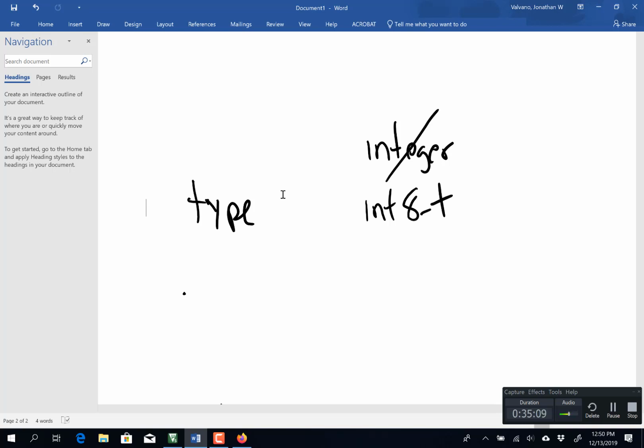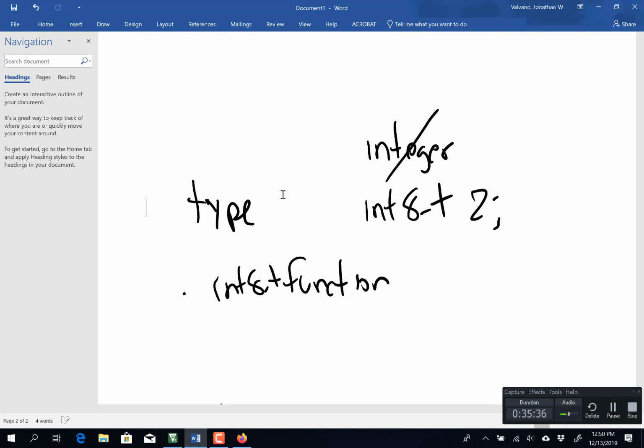What can you do with a type? Make variables. What goes before a variable definition? A type. What goes before a function definition? A type.